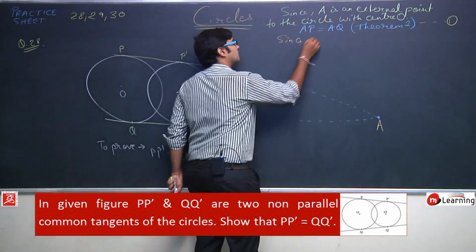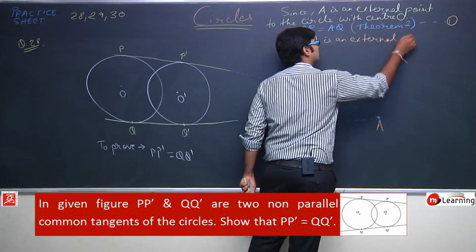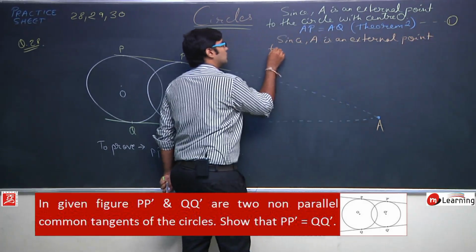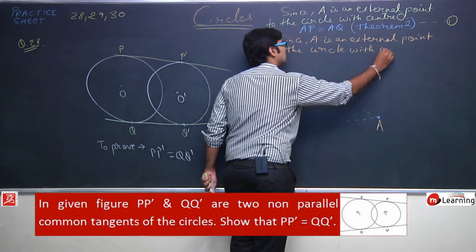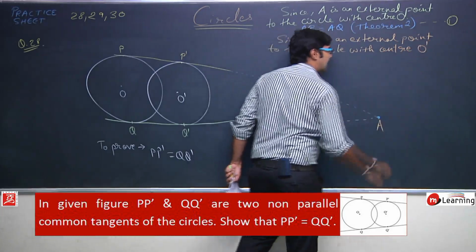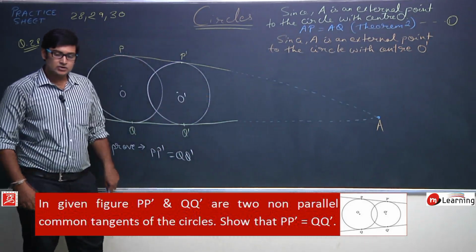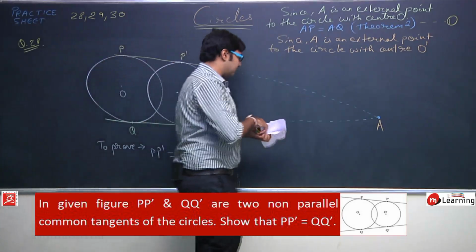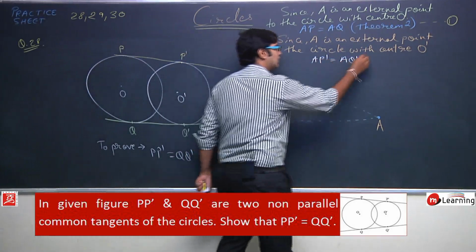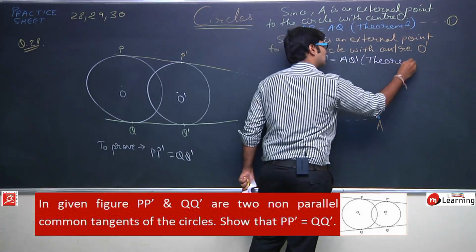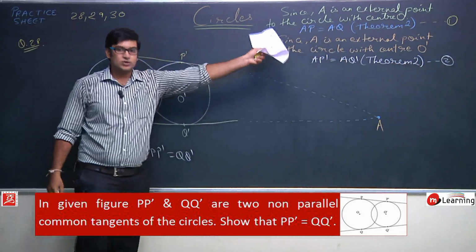Since A is an external point to the circle with center O dash, I can very easily write that AP dash is equal to AQ dash, again by theorem 2. Let us say this is the second condition.